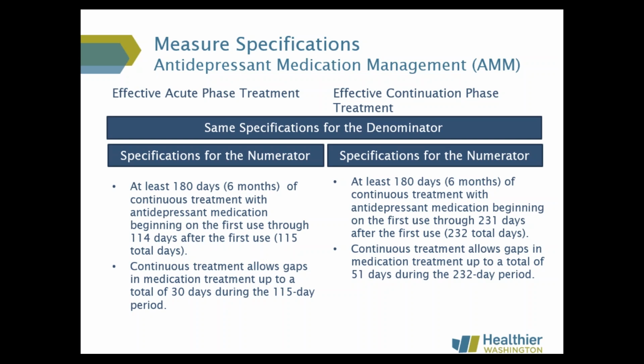And this is totally dependent on the script filling behavior of the individual. When they fill a script for the antidepressant medications that we are monitoring and for how many days, that data is what is used to compute this measure.